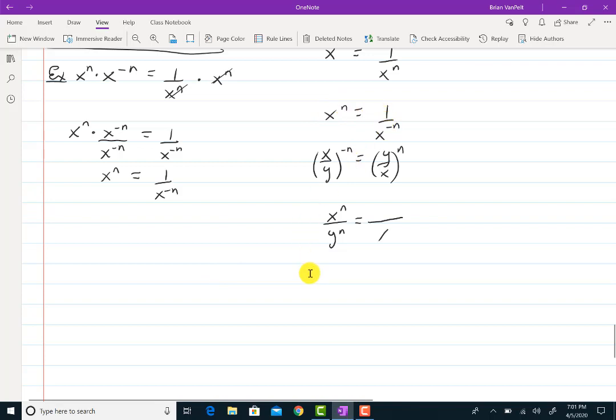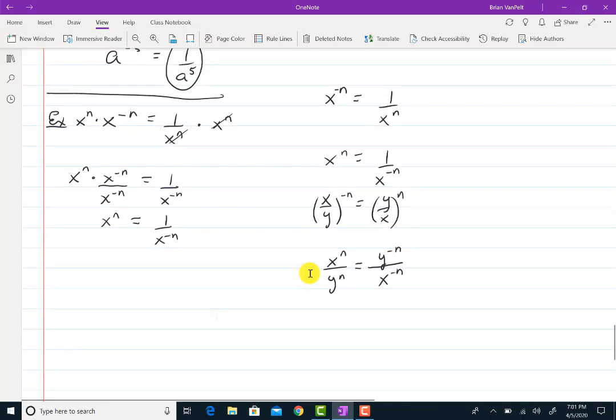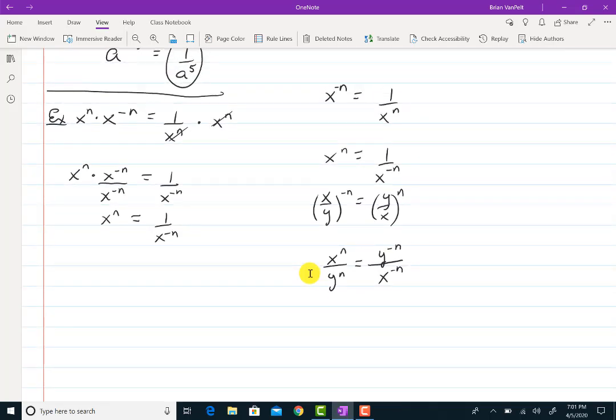If I swap and put x in the bottom, the exponent is now negative. If I put the y up on top, its exponent will also be negative. So for most of the problems, we're going to be using these rules here.